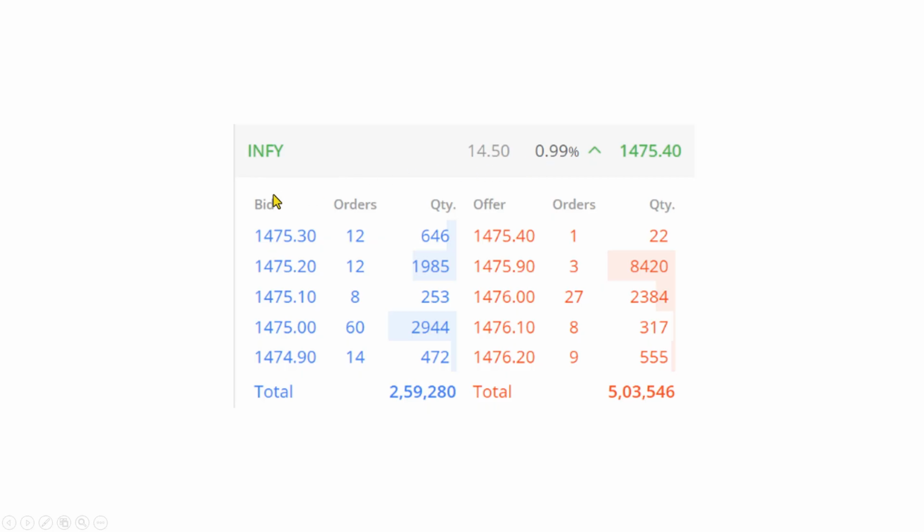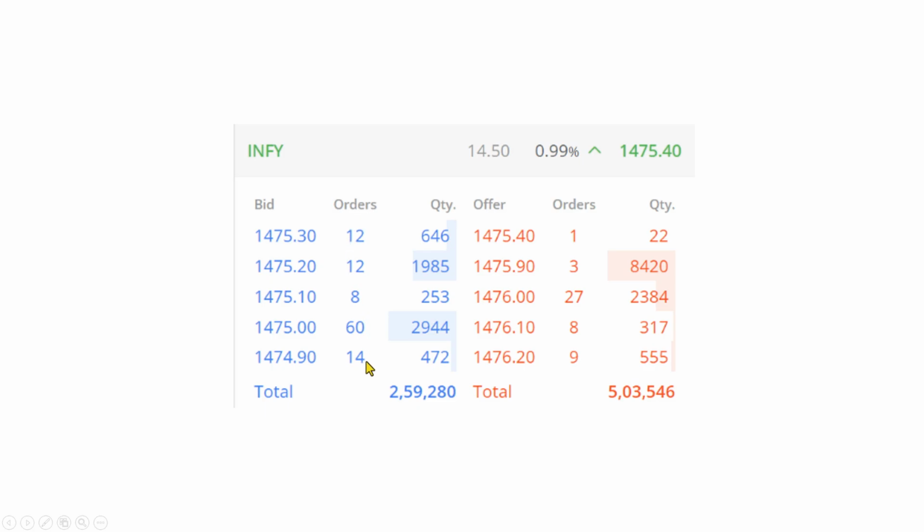Now, here the left side shows you how many people want to buy Infosys shares and at what price. Bid price are the prices that the buyers are willing to pay. Next, orders.